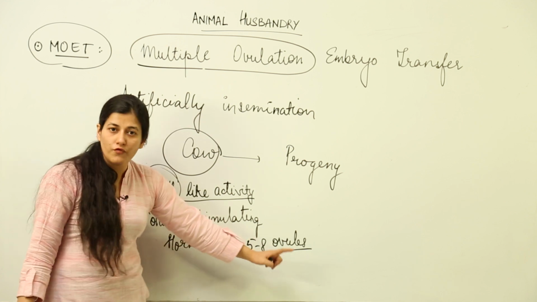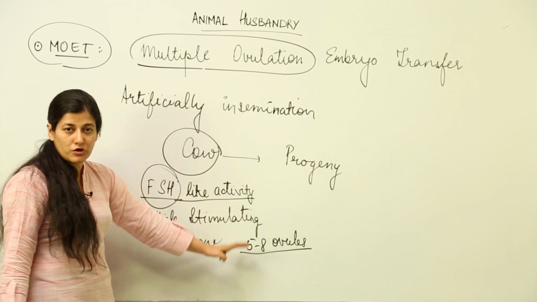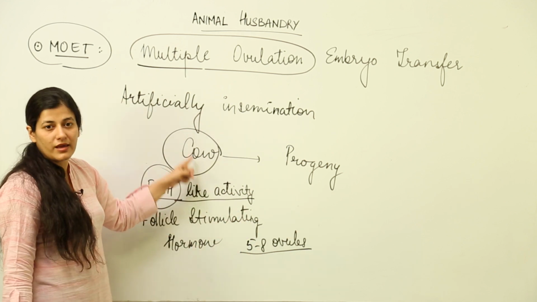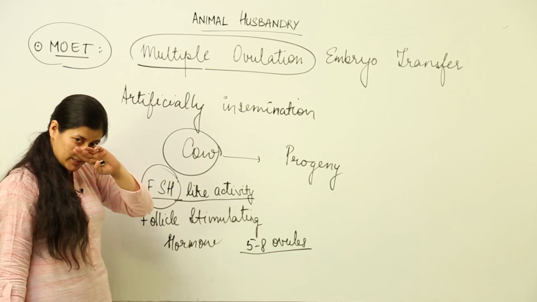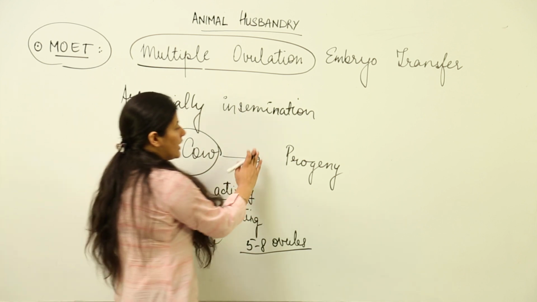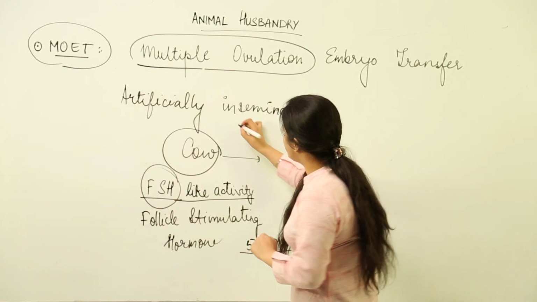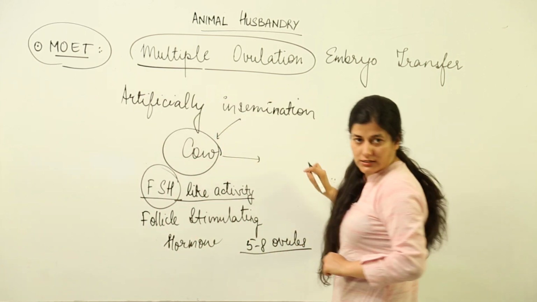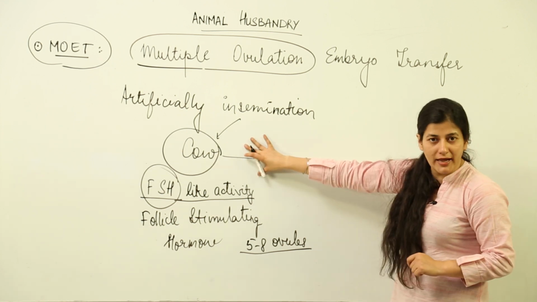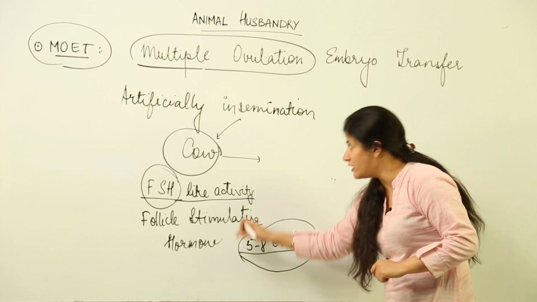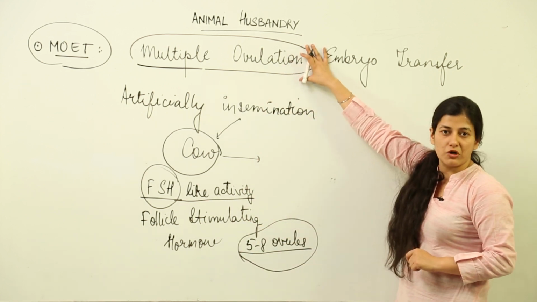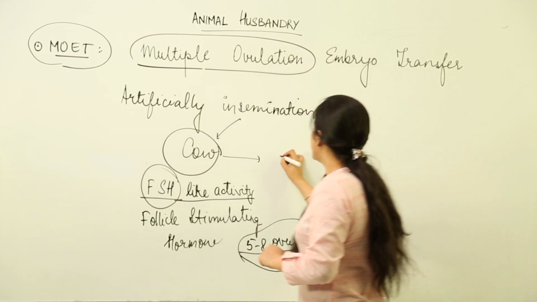So these ovules are being produced inside the female by providing a hormone that has FSH-like activity. Very simple. Now this cow is to be artificially inseminated. When this cow is artificially inseminated, the 5 to 8 ovules which are being produced as a result of multiple ovulation will be fertilized.